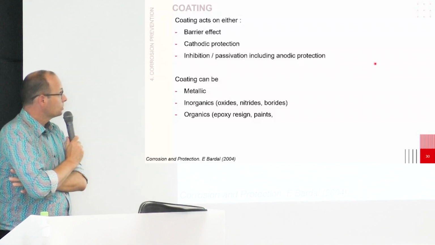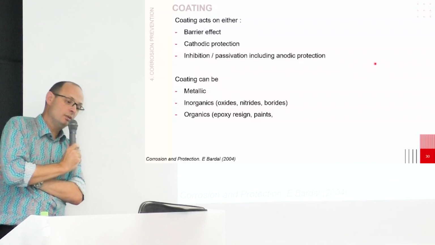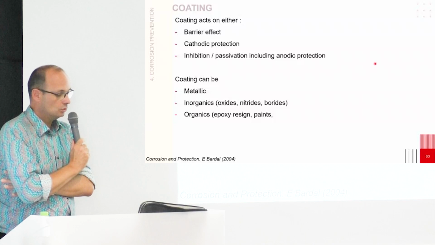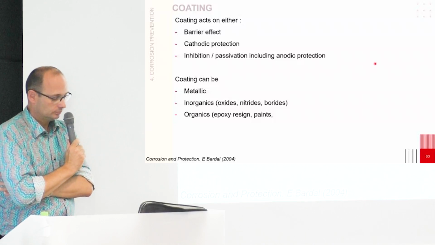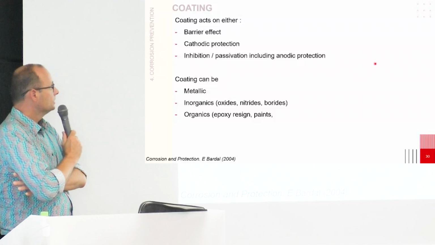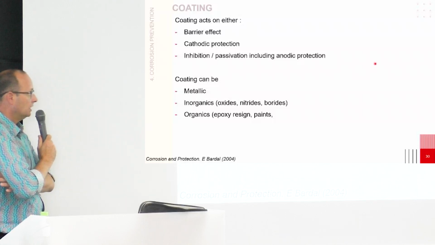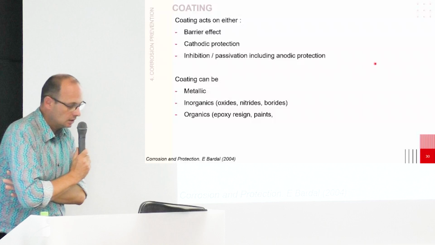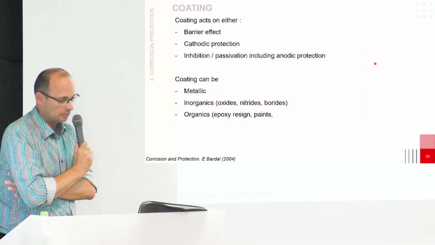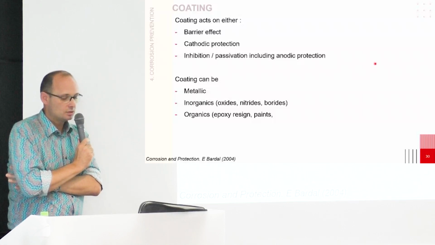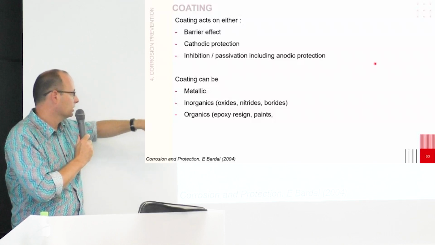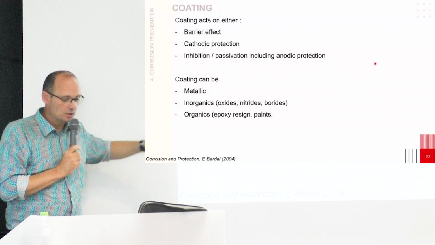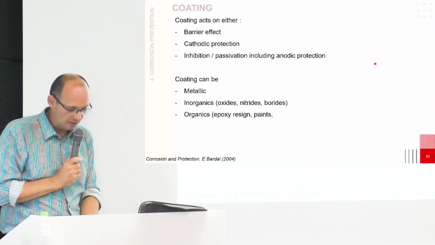The coating could also try to limit the dissolution of the material. These coatings can be metallic, inorganic, or organic. I will just discuss metallic, and I will give one example of an organic coating, which has not yet been applied.